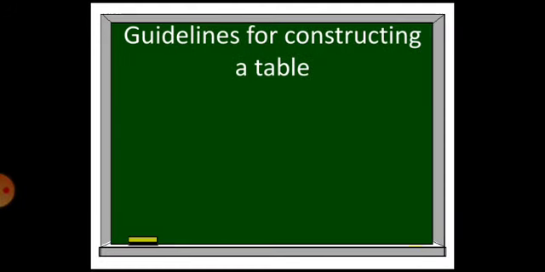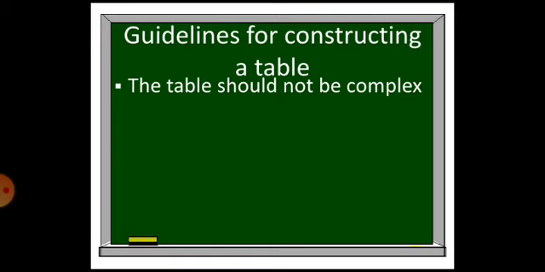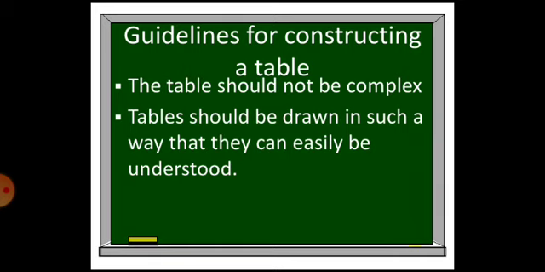Let's see the guidelines for constructing a table. To construct a table in economics, the table should not be complex. It should be simple and easy for people to understand at a glance. Tables should be drawn in such a way that they can easily be understood.